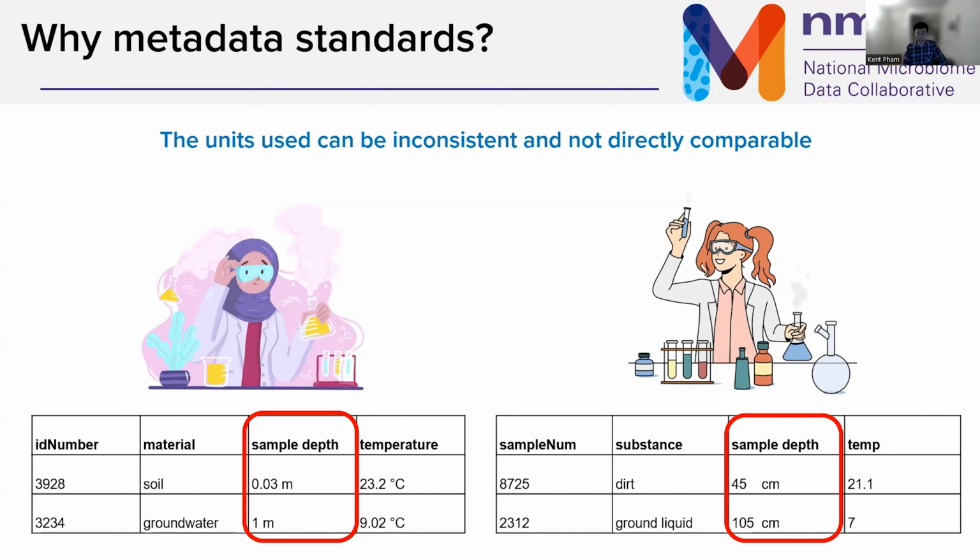Now, when looking at the sample depth, this is an issue that I find pretty relevant in my field because everyone has their own way of measuring the depth of their samples. Some people do it in meters, some people do it in centimeters, and in my field, which is agriculturally based in the US, everyone does it in inches.